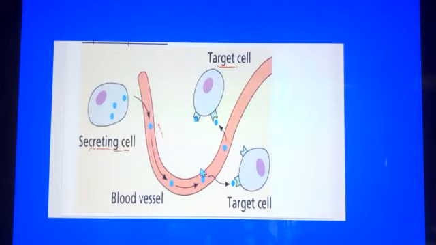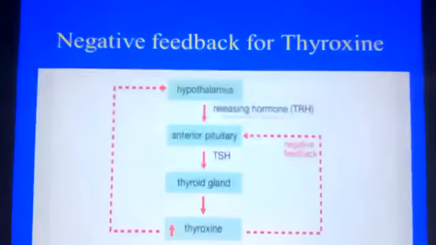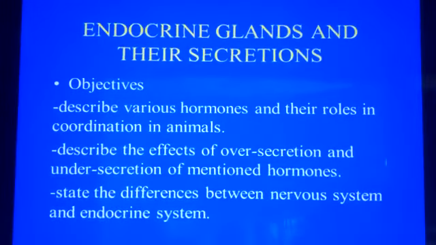Now, today, I want us to look at various hormones, where they are produced, and then the roles they play in coordination in animals. So, before we proceed, we'll have to check into some of the objectives that we are supposed to master. Objective number 1, you will be expected to describe various hormones and their roles in coordination in animals.